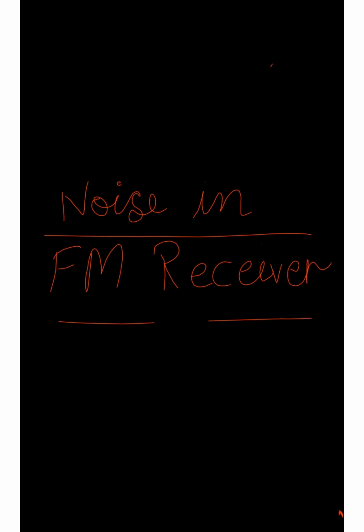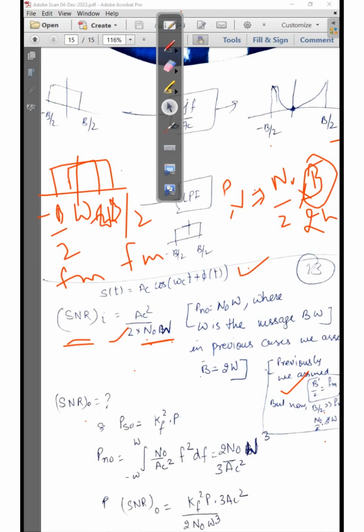Similarly, if I have to calculate output signal to noise ratio, it is kf square into p, right?